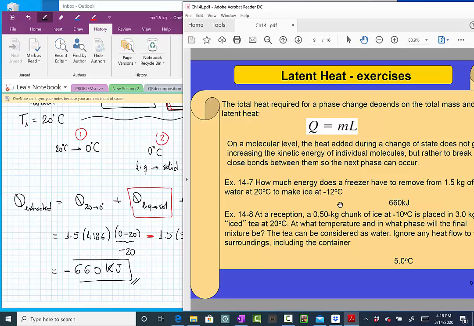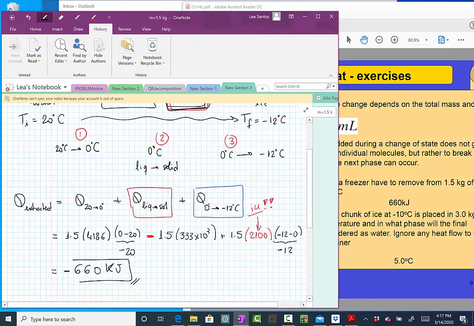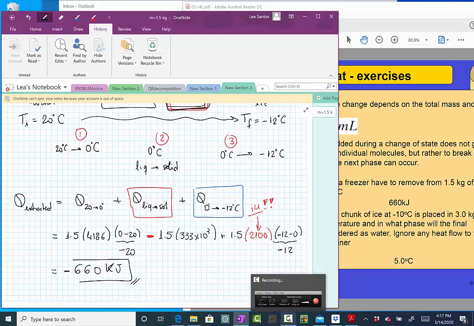So you could write that the freezer removed 660 kilojoules. If you want to write with the minus sign as we did here, that's correct, but it's enough to say extracted 660 kilojoules. Extracted means negative. Okay, so that's the end of this problem.